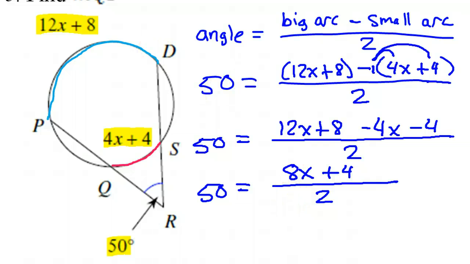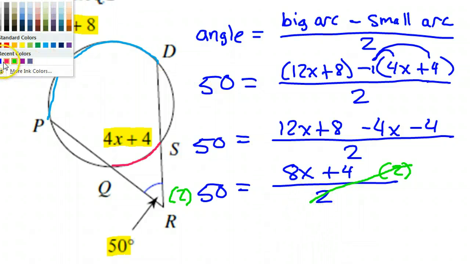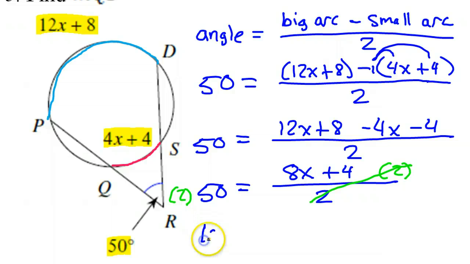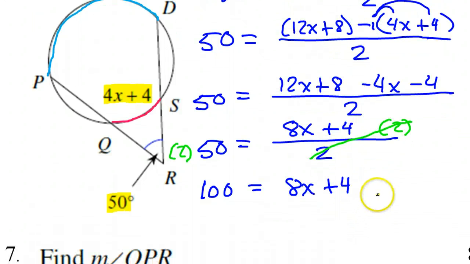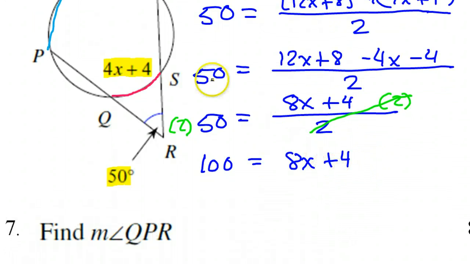To solve this, as before, I'm going to multiply by the denominator. So I'm going to multiply both sides by 2. That way the denominator gets canceled out, and I'm left with 100 is equal to 8x plus 4. Then I would subtract 4 from both sides.